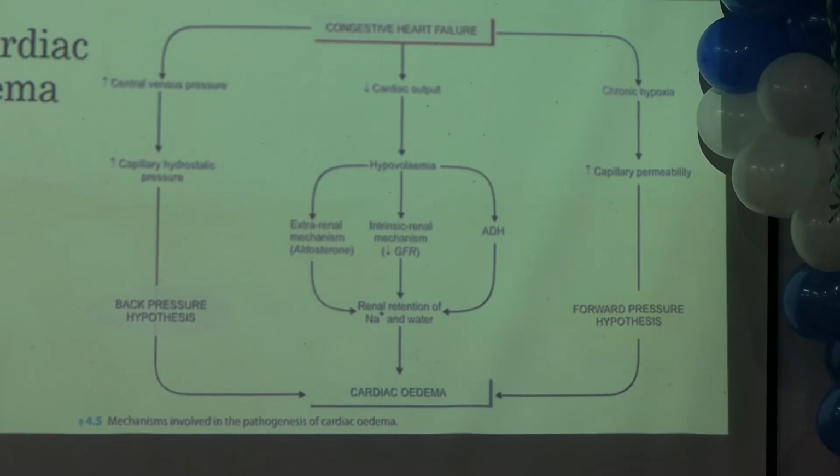Hypoxia is a stimulus for injury, right? So there will be injury and increased capillary permeability resulting in cardiac edema. So remember, in cardiac edema we have increased capillary hydrostatic pressure, sodium and water retention, and increased capillary permeability resulting in edema. Okay?